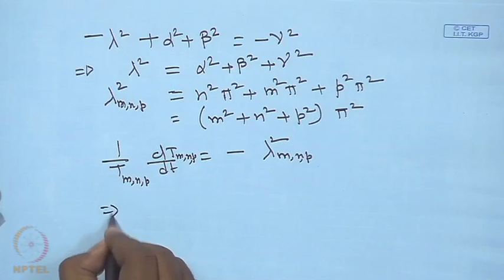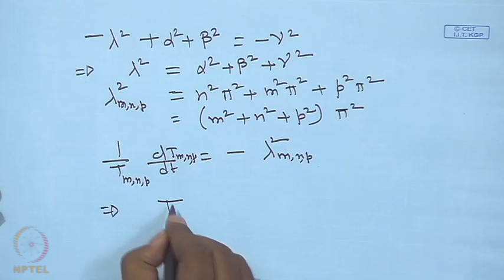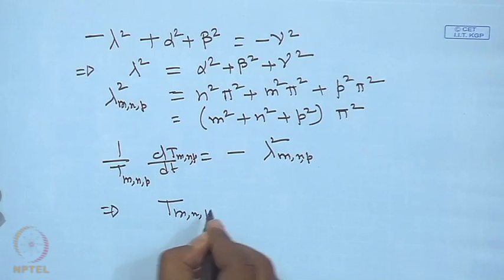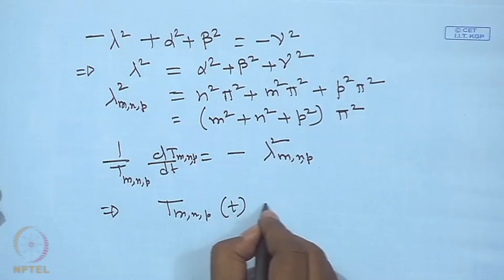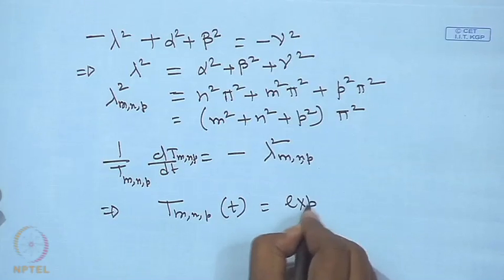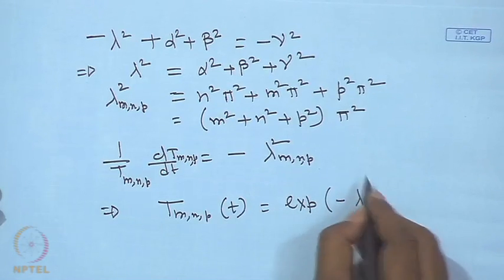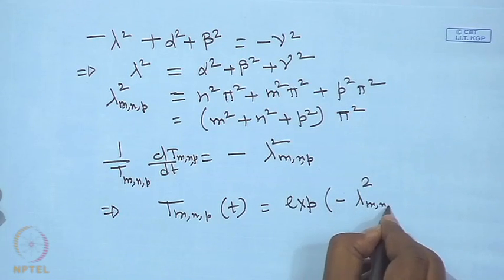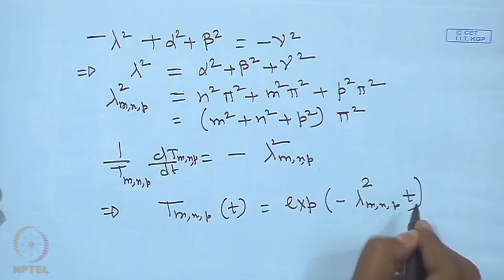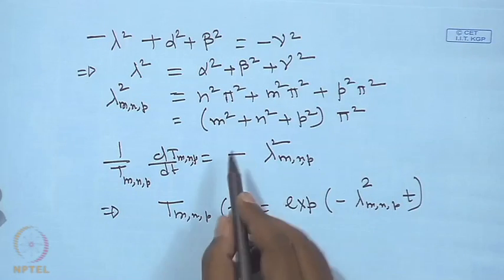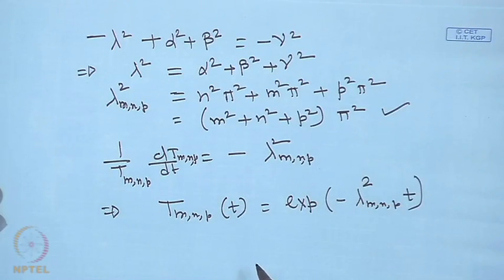So, therefore, the solution to this time varying part is known to us: T m n p, function of time, will be exponential minus lambda square t, where the lambda values are already known from the value of m, n, p and pi square.